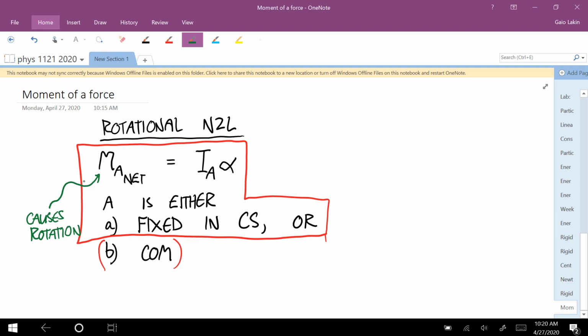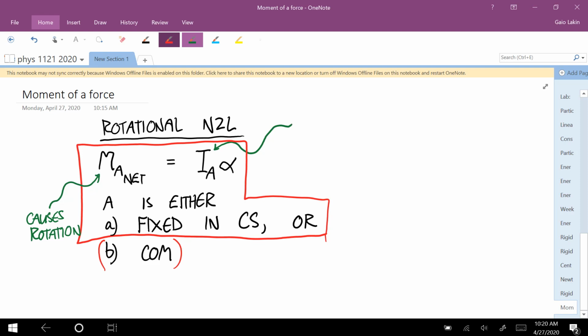On the other side of the equation, in both Newton's second law and this rotational version of Newton's second law, we have this measure of the inertia of a body. In regular Newton's second law, that's the mass, and in rotational Newton's second law, that's the mass moment of inertia.